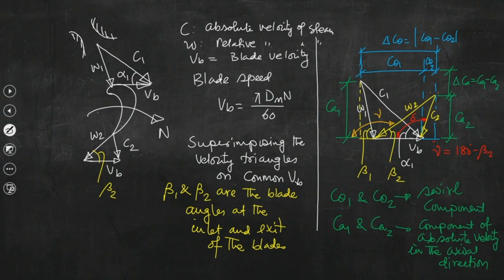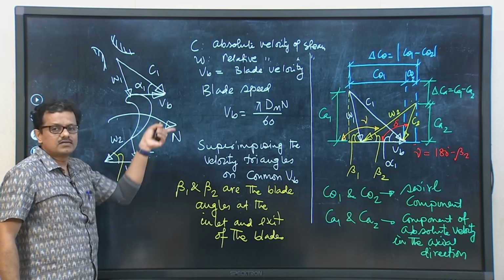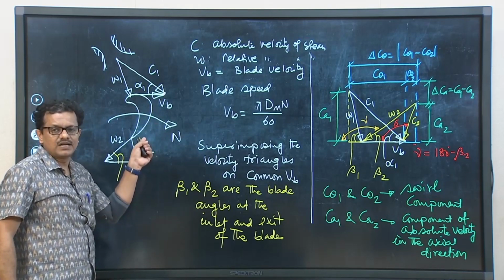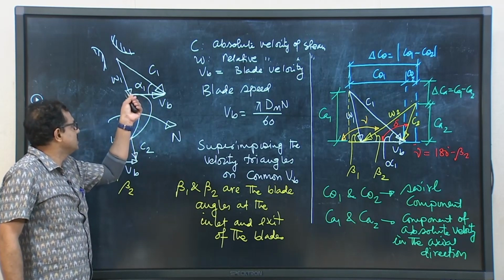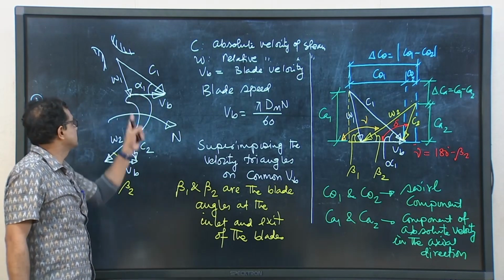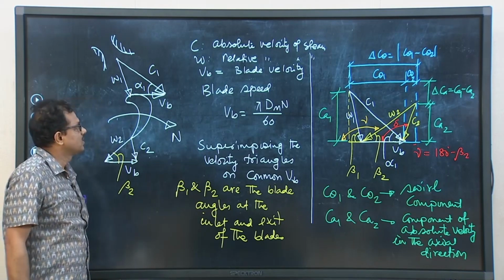The absolute velocity is there because steam comes out of the nozzle with an absolute velocity C1, but the turbine blades are always rotating. So, relative to the blade velocity, the steam impinges on the blade with a relative velocity W1.